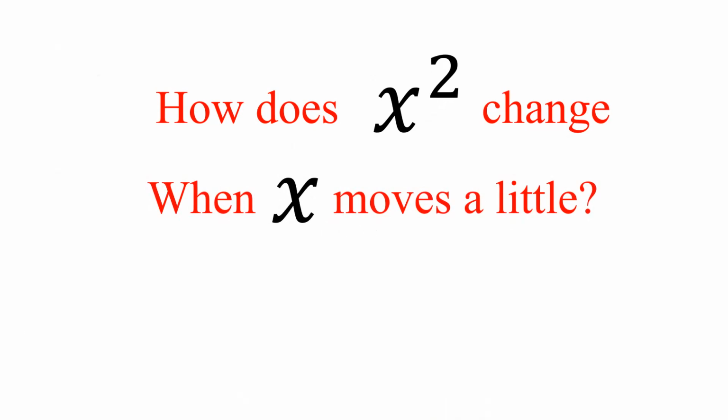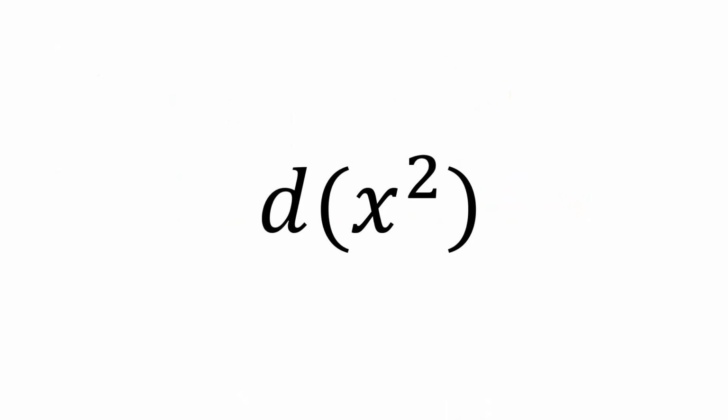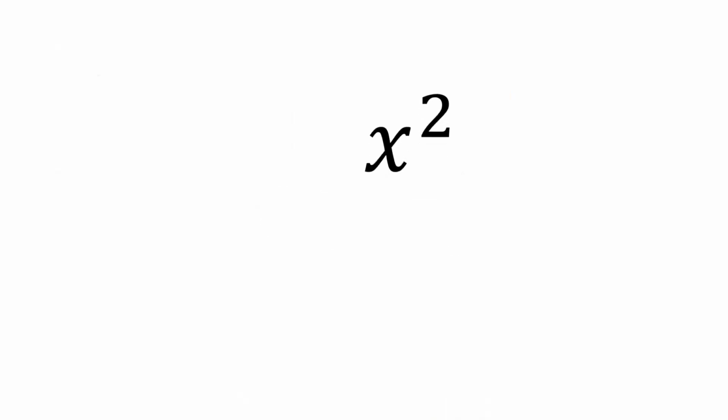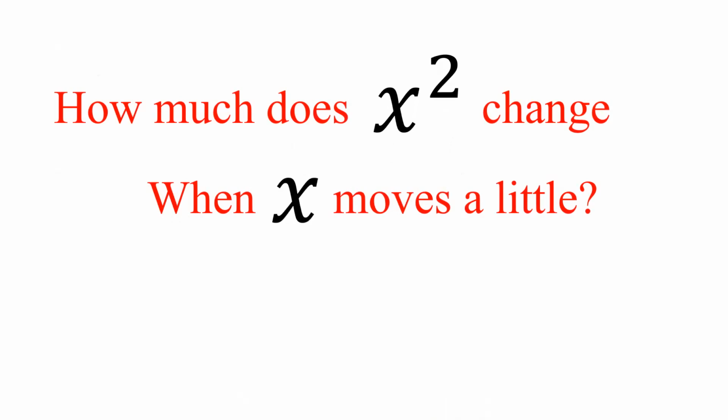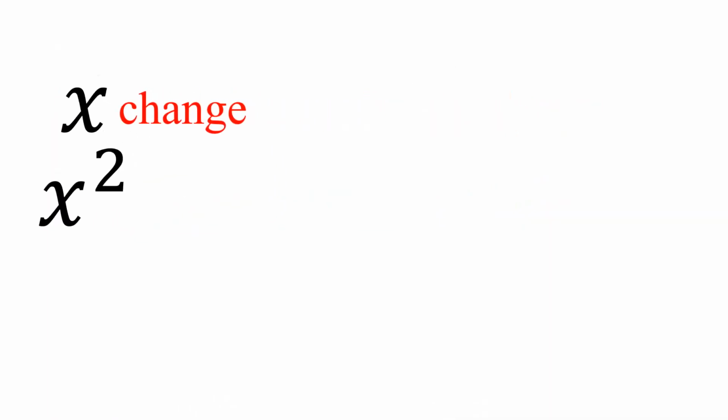This entire question can be denoted as this, which is called taking the differential out of something. In this context, taking the differential out of x squared, right? So first, how much does x squared change when x moves a little? Let us see the behavior of x squared.